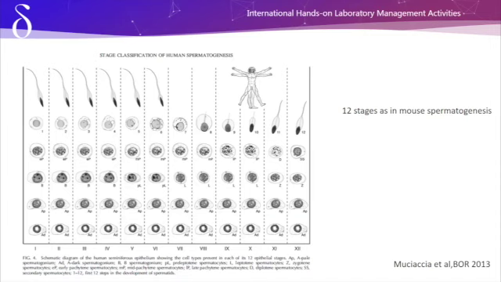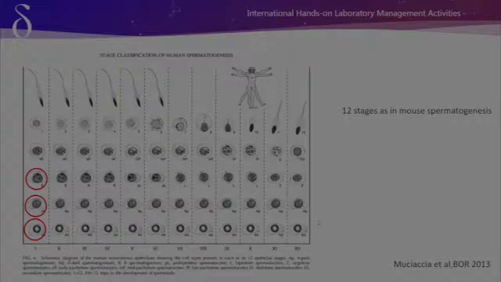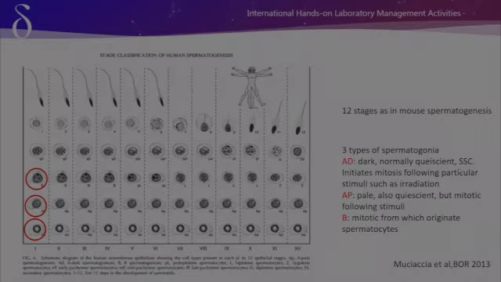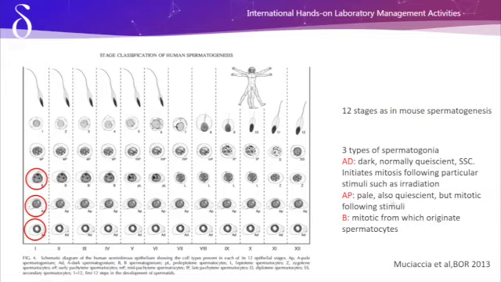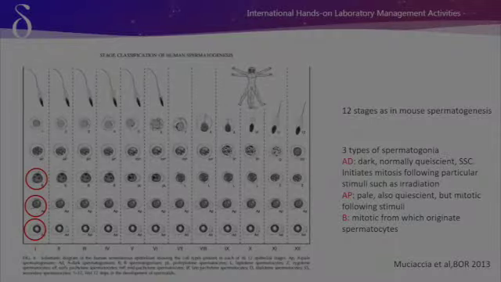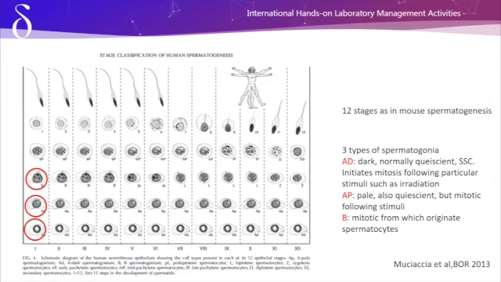Here are also shown the 3 different types of spermatogonia that are present in the human tubule, and that are the AD, the AP, and B. AD stands for dark, are normally quiescent cells and are the true stem cells present in the testes. They can initiate mitosis only following particular stimuli, such as, for instance, irradiation, and there are many studies demonstrating this.